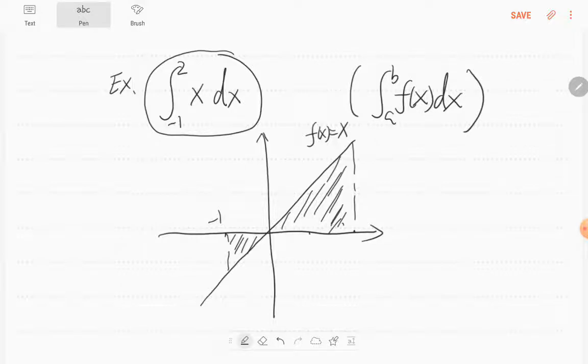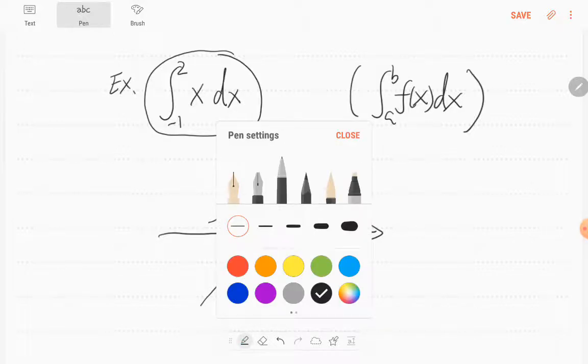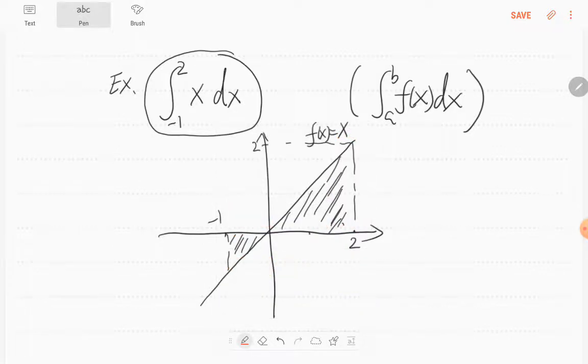Okay, so let's look at how to do it. Use the geometry. Here is 2, and here is also 2, right? So this area is 2 times 2, the height times the base, times 1/2, which is equal to 2.